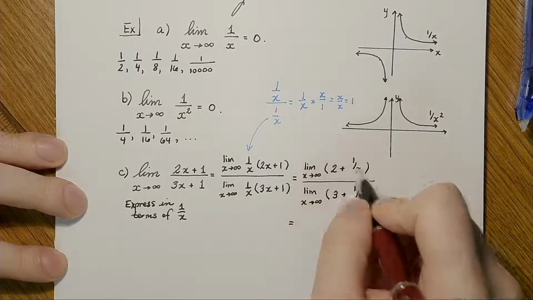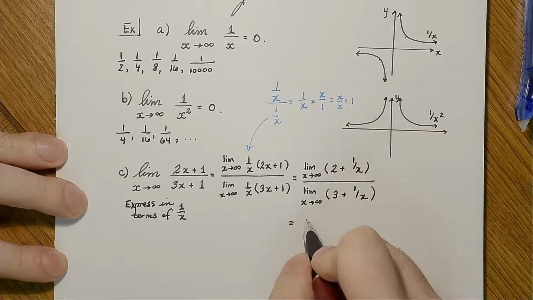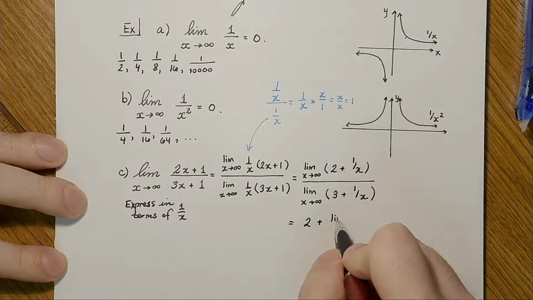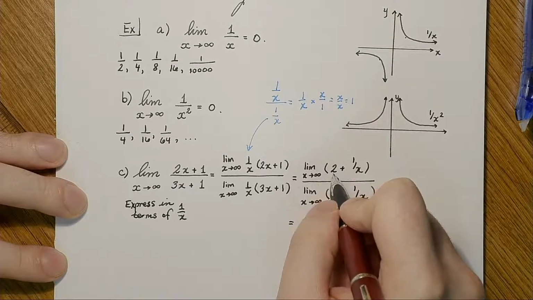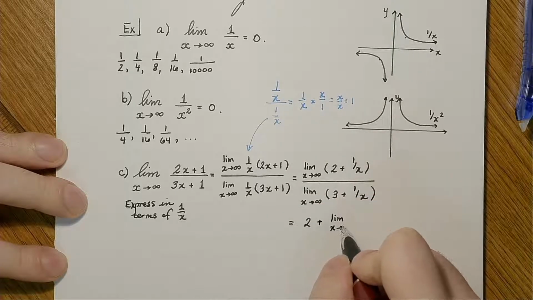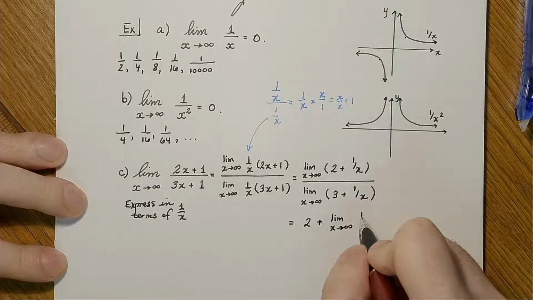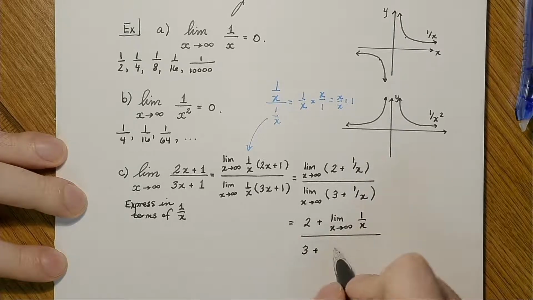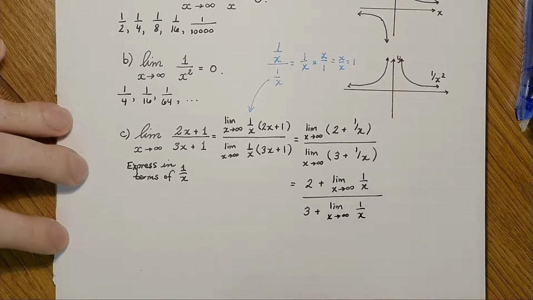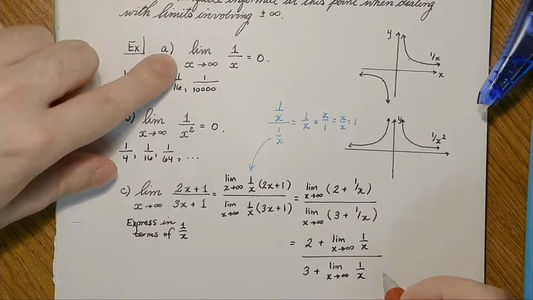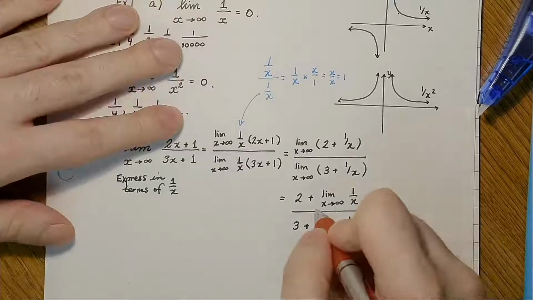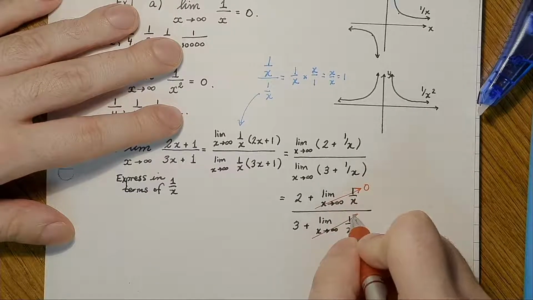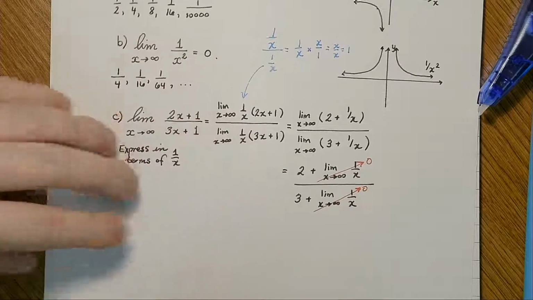And applying the limit to each, this is just a constant, so that's just 2. The nice thing is, using what we've done up here, which was equal to 0, I know that this goes to 0 and this goes to 0. So I'm just left with 2 over 3.